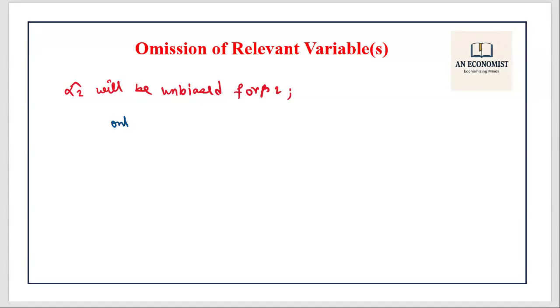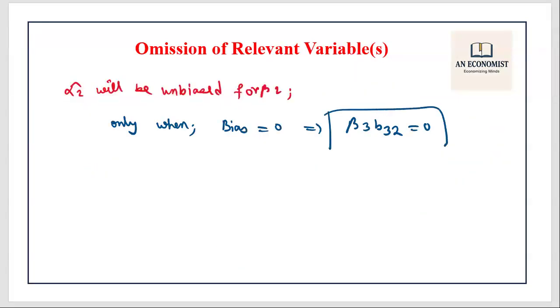Only when the bias becomes exactly equal to 0, that is, when this term beta 3 b32 becomes 0. See, the bias is beta 3 b32. So once this term becomes 0, alpha 2 cap will become an unbiased estimator of beta 2.